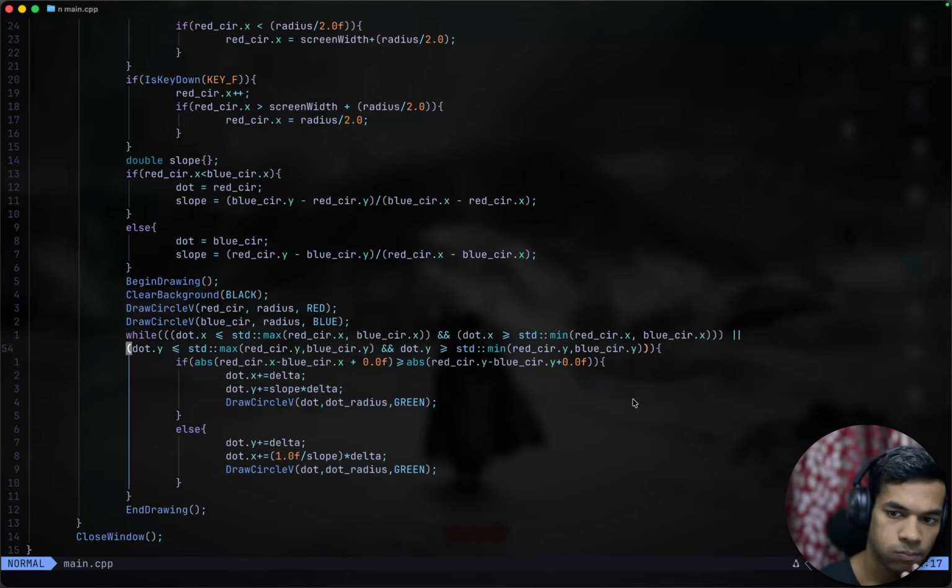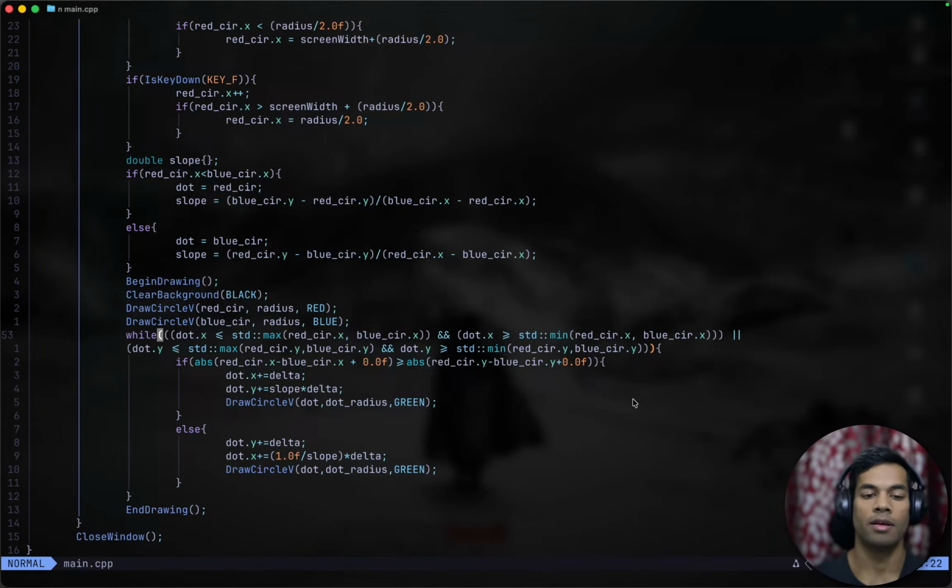Okay, while either the x or the y of the circle is within the correct range, then keep rendering the circle.